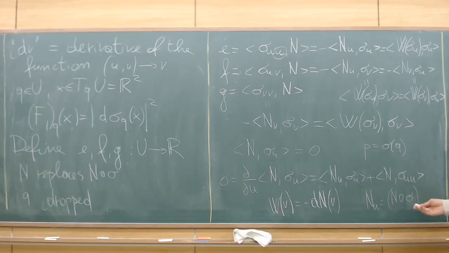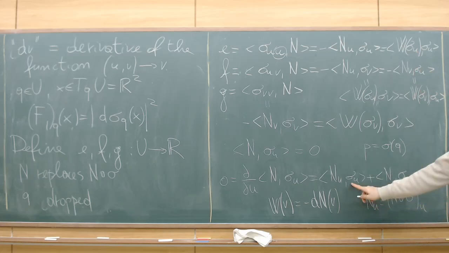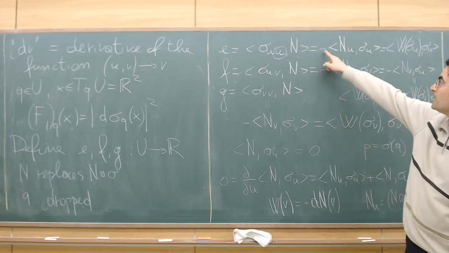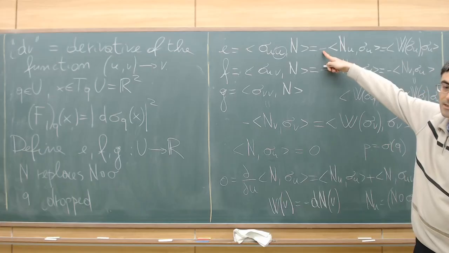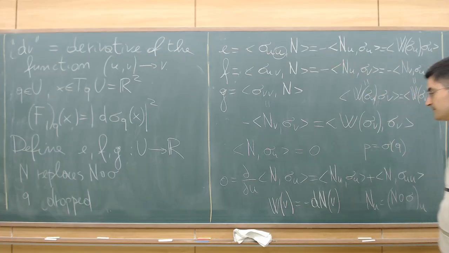So you have to just use the chain rule, and you will get immediately that this is equal to the derivative of n evaluated at sigma u. And this is nothing but minus W sigma u multiplied by sigma u, and there is a change of sign because of this sign in front of the inner product.